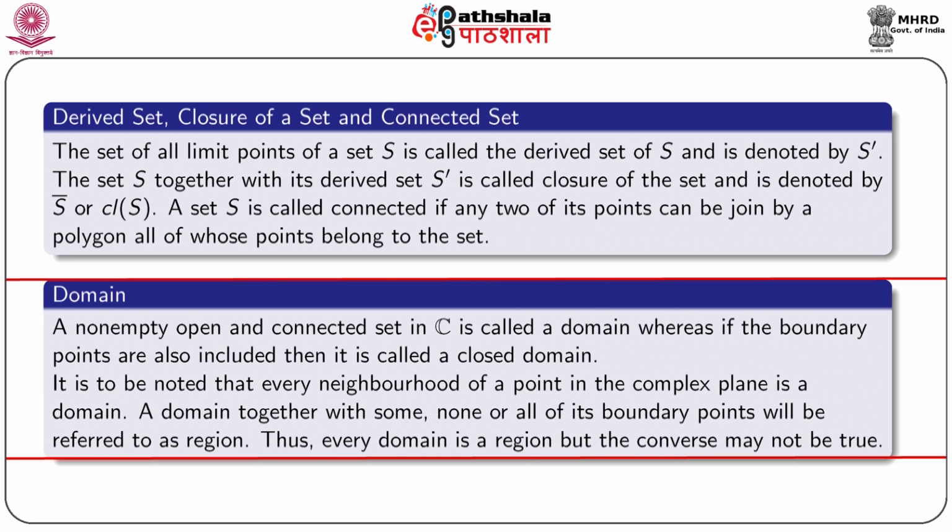It is to be noted that every neighborhood of a point in the complex plane is a domain. A domain together with some, none or all of its boundary points will be called a region. From this we can say that every domain is a region, but the converse may not be true.